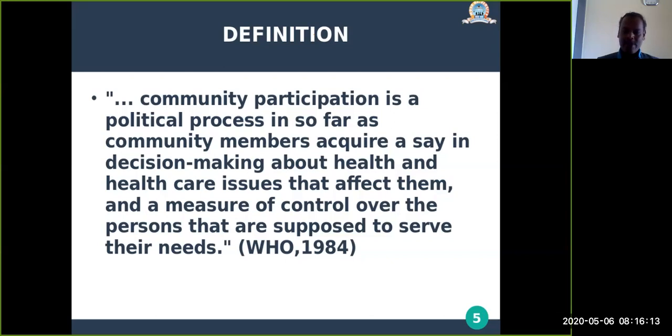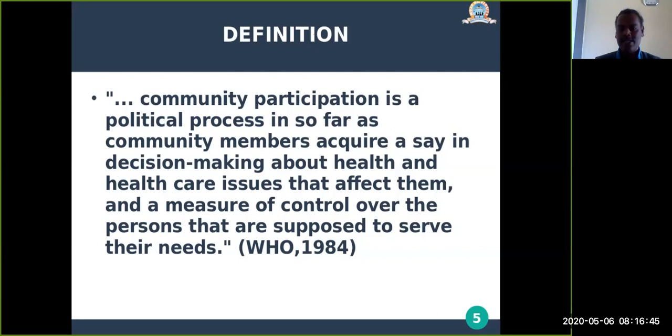When you say community participation, it is actually a political process, because you are bringing a democratic process. Each and everyone has a say, or they are able to participate in your programs. So community participation is a political process insofar as all the community members acquire a say.